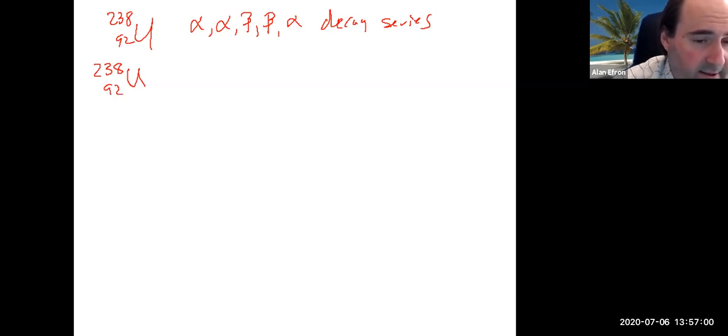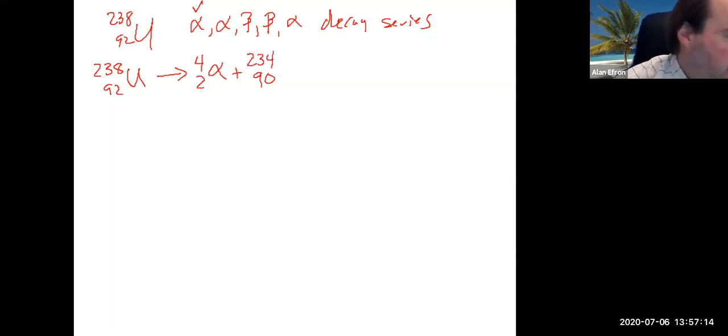So the first thing it's going to go through is an alpha decay, which means we would write an equation just like we did before. That means after this first step, we would have 90 for our atomic number, and up on top there would be 234. We would go to the periodic table and see number 90 is Th.